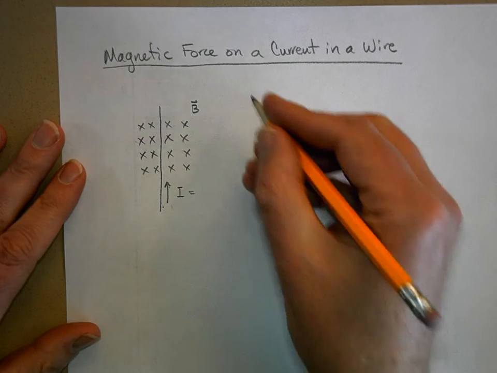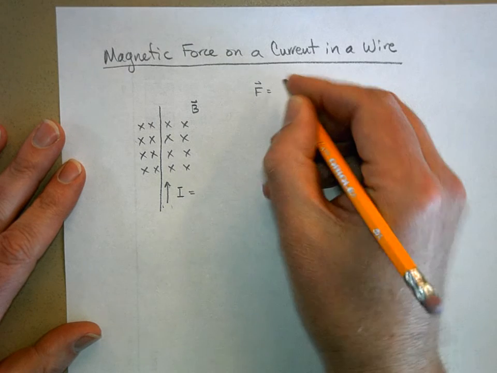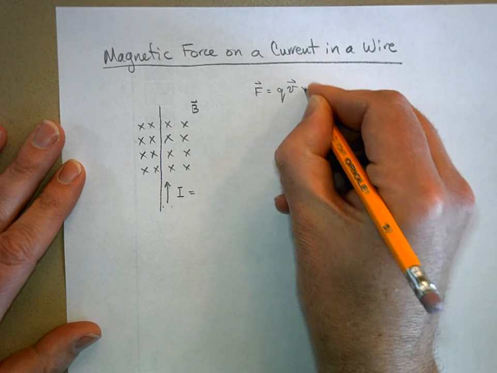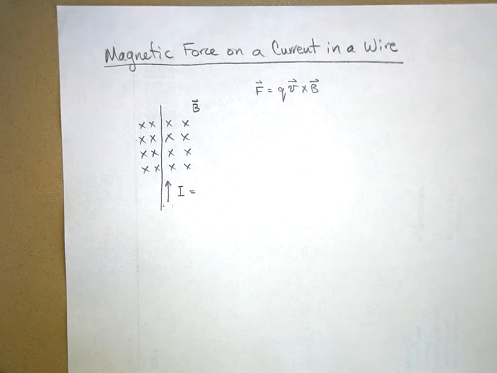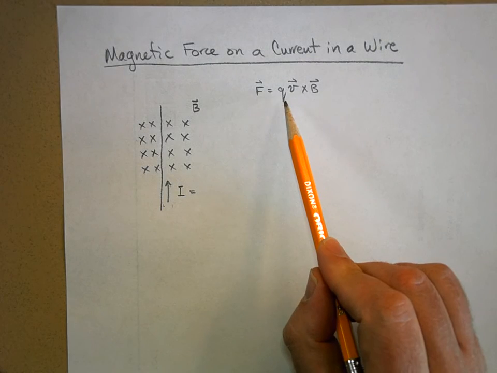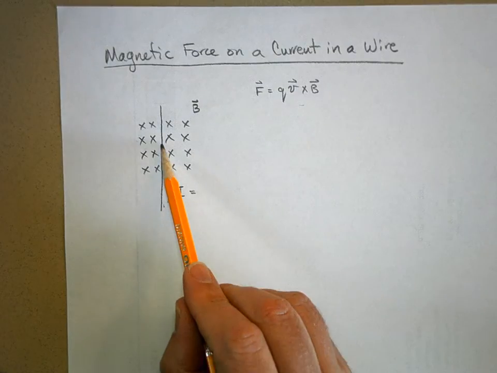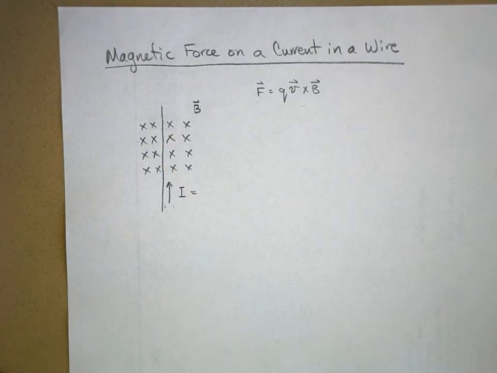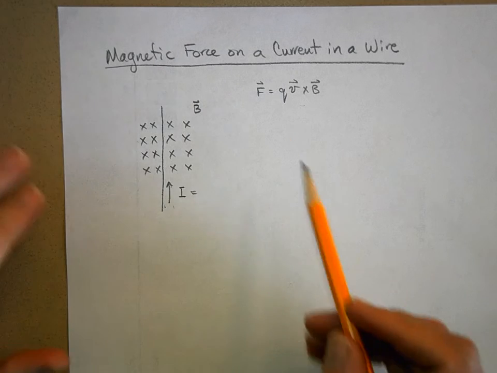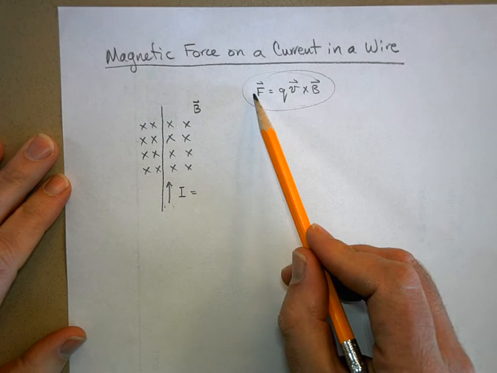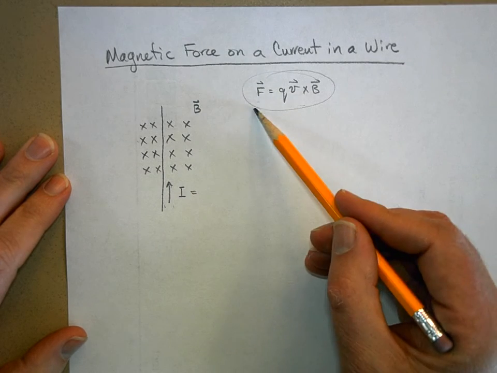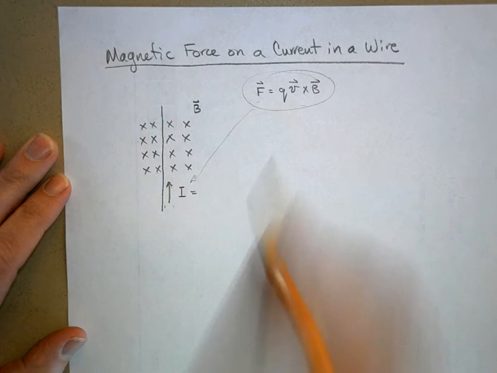I mean, it really follows from this: F equals QV cross B. That's what we just talked about, okay? If we apply this equation to each little charge carrier in there and then sum them all up, what we get is one of my favorite equations of the year. And I think you can turn this by using the idea of the current here.